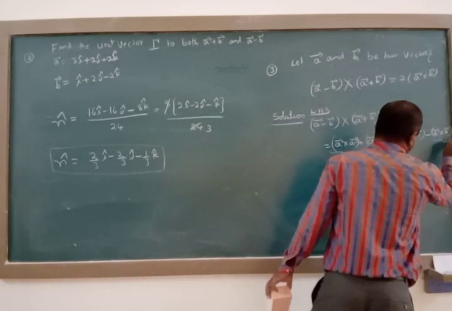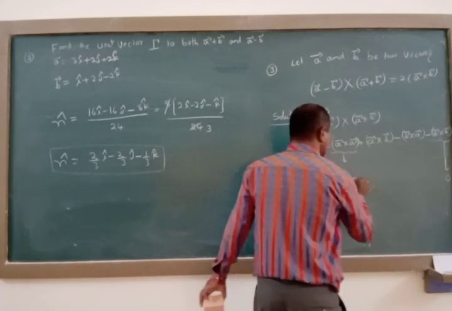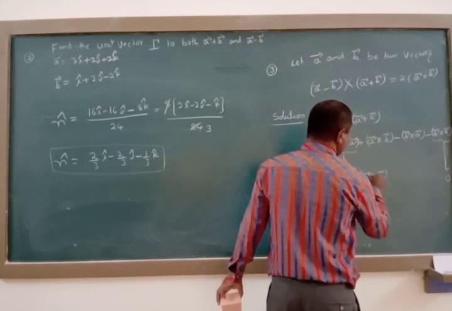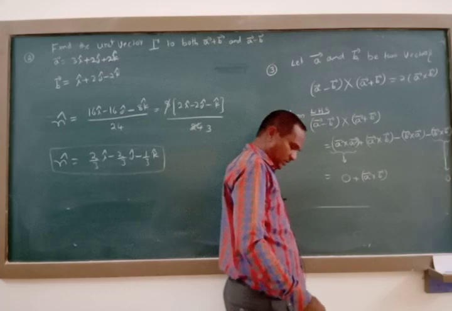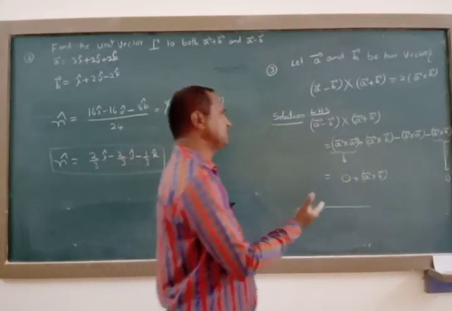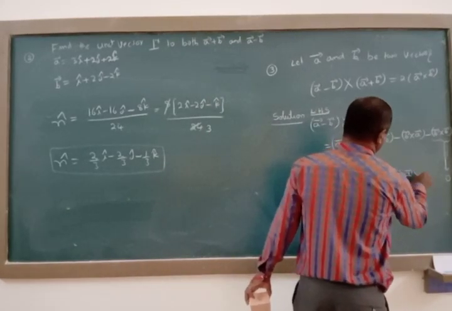This value also becomes 0 here. Plus a bar cross b bar. In the b bar cross a bar term, just interchange the vectors, then minus becomes plus of a bar cross b bar.